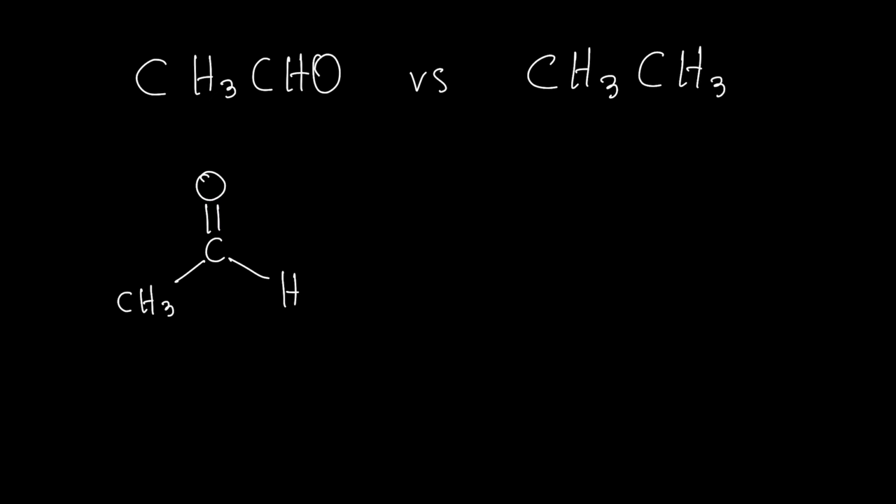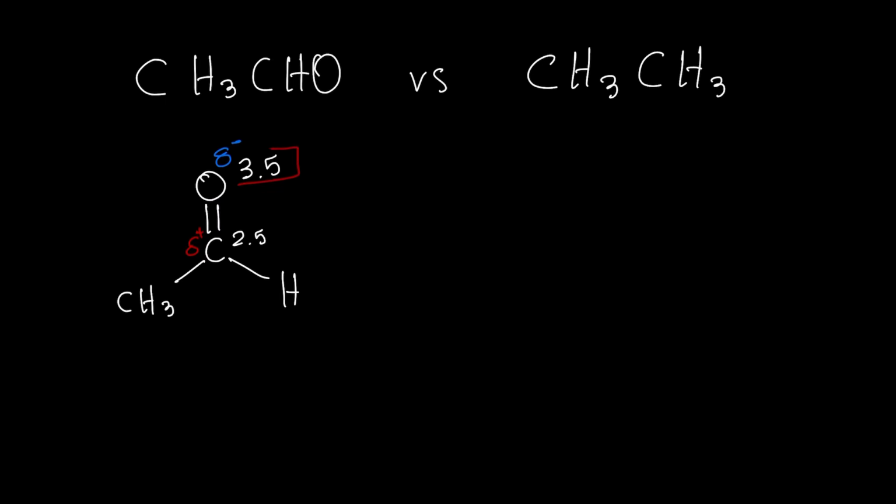So this bond between the carbon and the oxygen: carbon has an electronegativity of 2.5, and for oxygen, I believe it's 3.5. So since oxygen's is higher, by more than 0.5, this is going to have a partial negative charge, and this is going to have a partial positive charge.